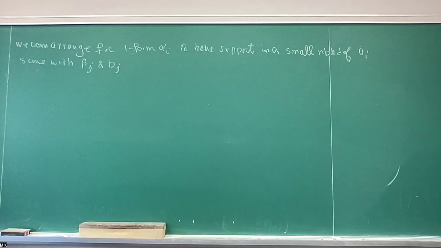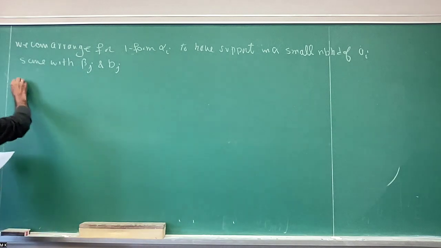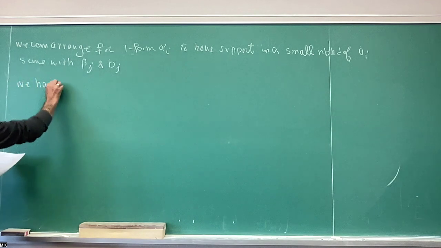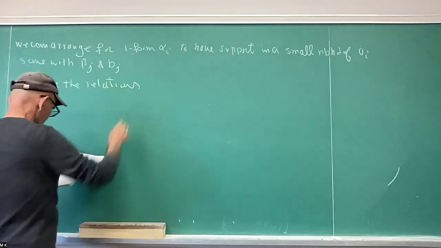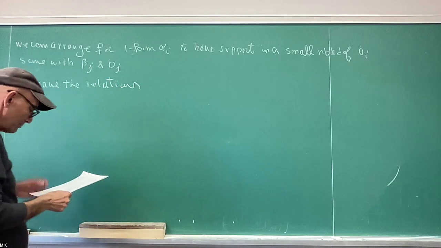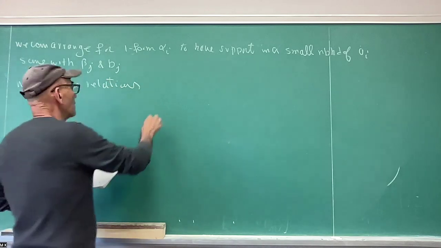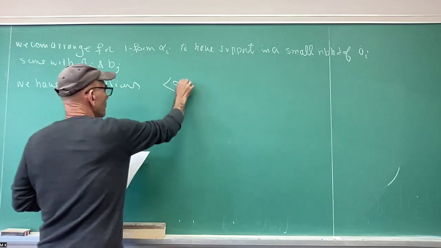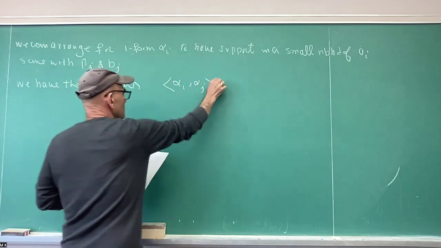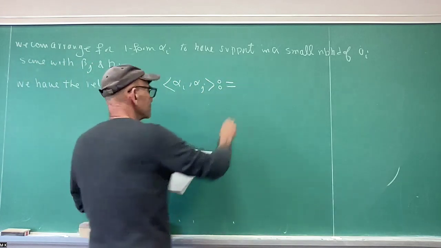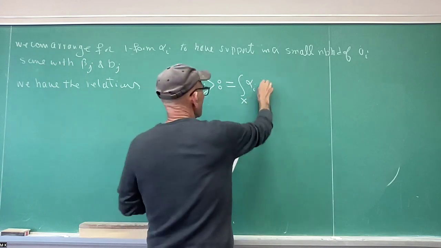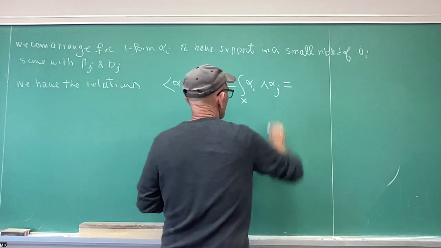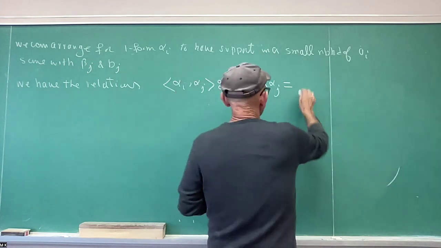So basically, we have the pairing of alpha I, alpha J, which is by definition the integration over X of this two form alpha I wedge alpha J, and it is equal to 0.